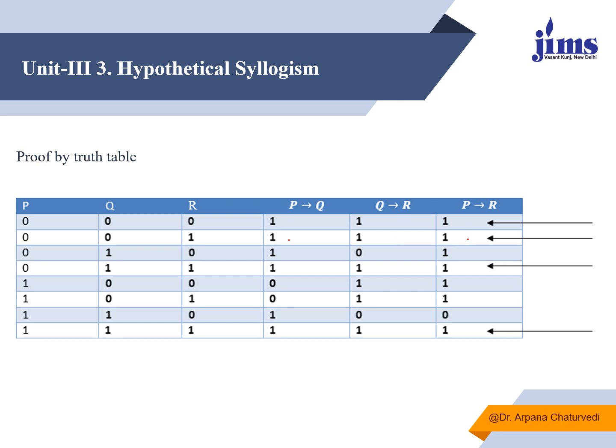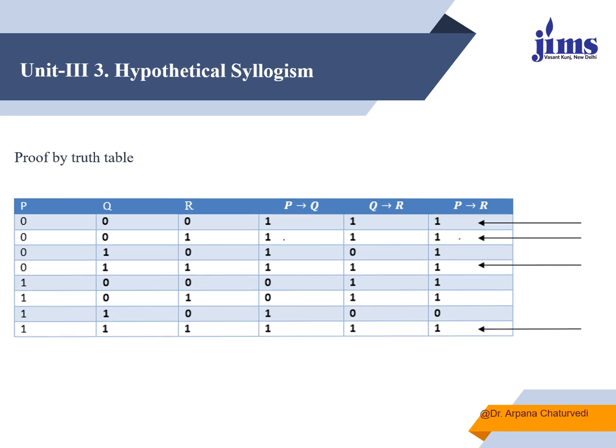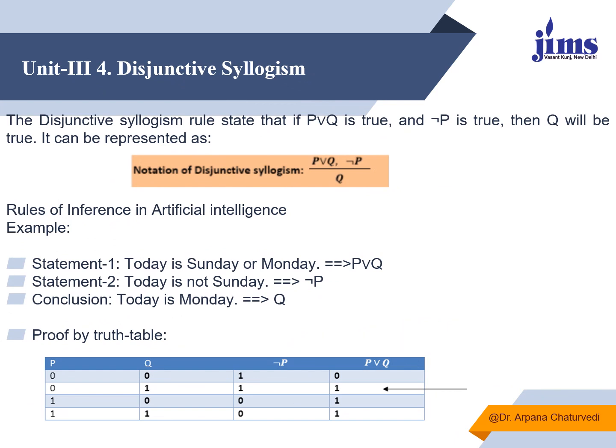Now next is disjunctive syllogism. It says that if P or Q is true and not P is true, then Q will also be true.